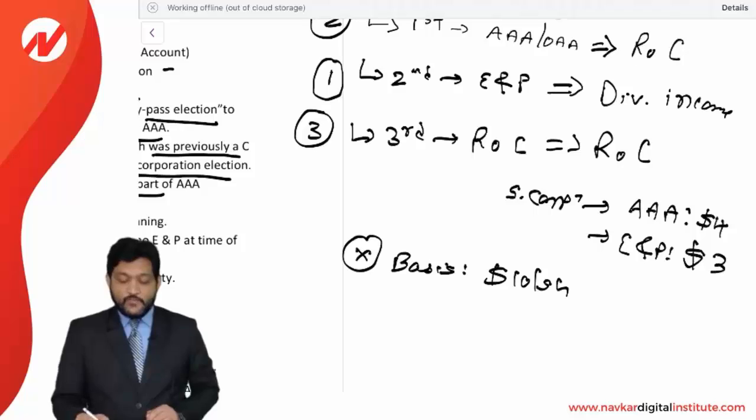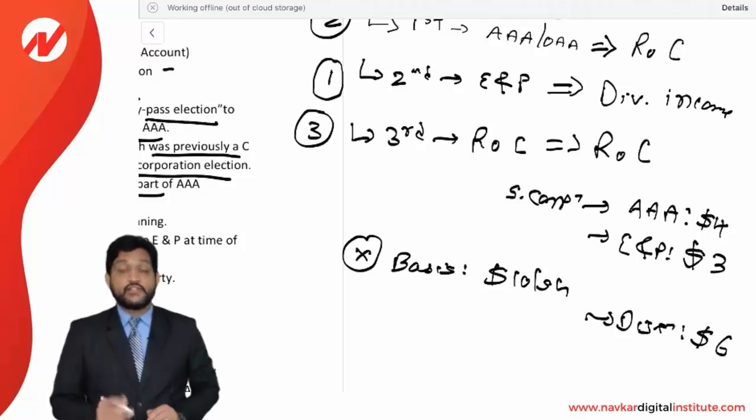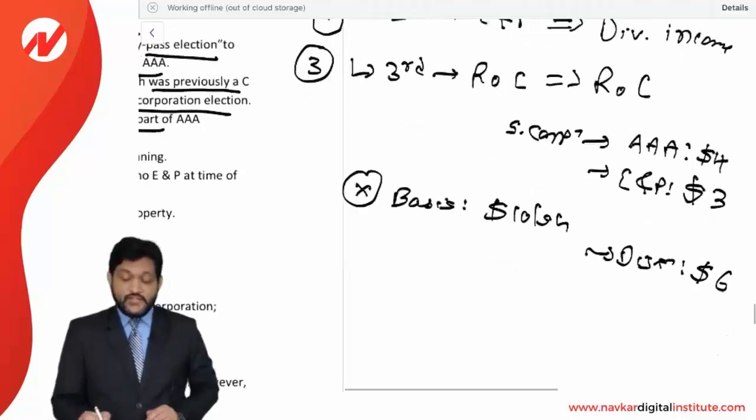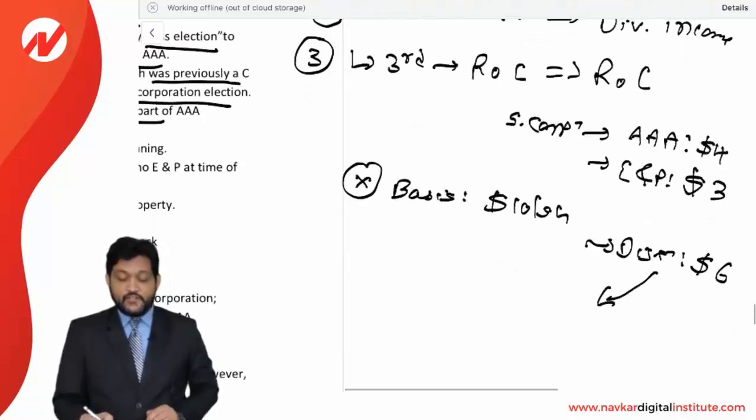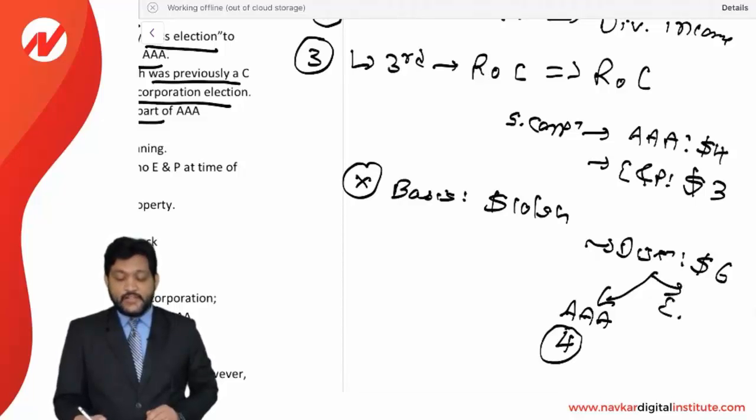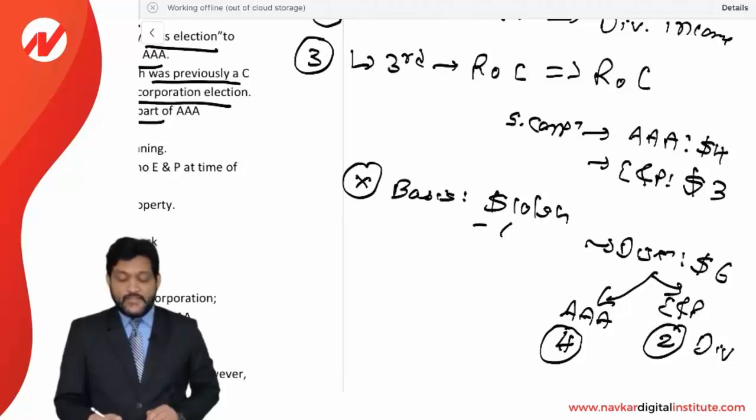And let us say the S corporation made a distribution of $6 to the shareholder. Now, how to treat? Okay, this distribution of 6 as per the general rule will first be considered from AAA. It means $4 will be considered as an AAA distribution, and the remaining will be considered as ENP. So the remaining 2 is ENP. That will be considered as a dividend income. And this 4 will reduce the basis. So now your basis will be 6.